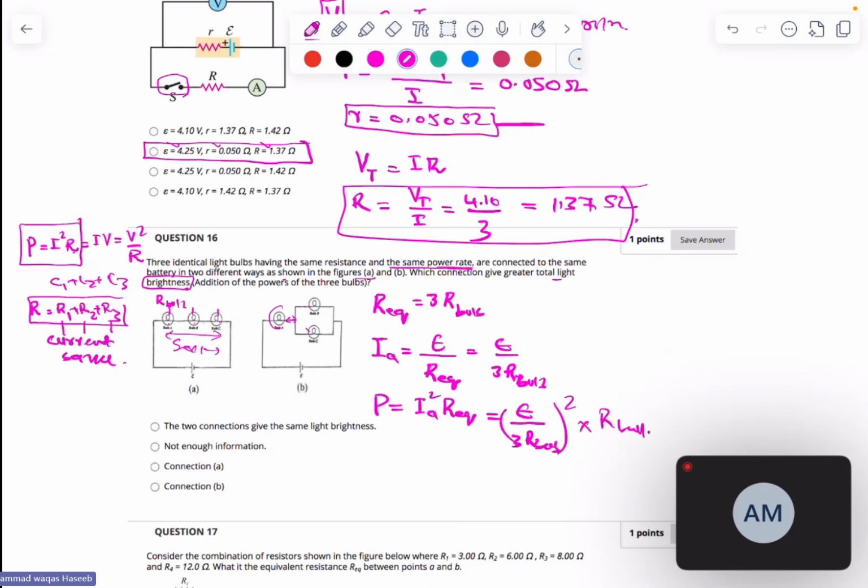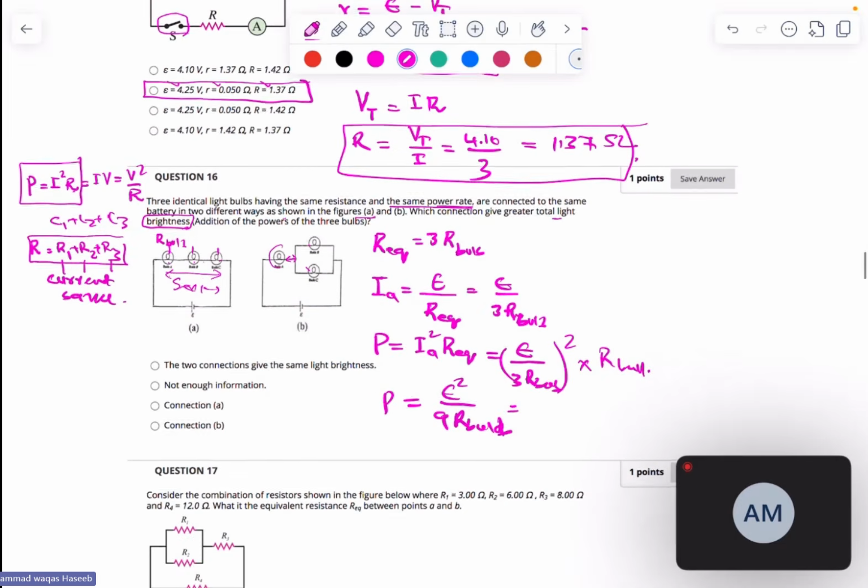So we will get total power is E squared over 9 R bulb. Okay, so this is for figure 1. Now this is all for figure 1.